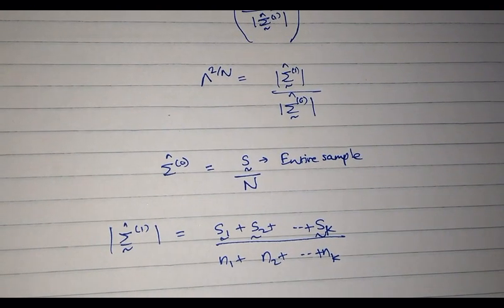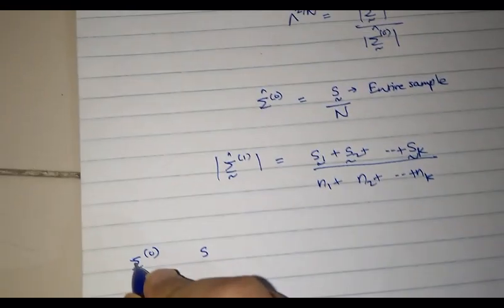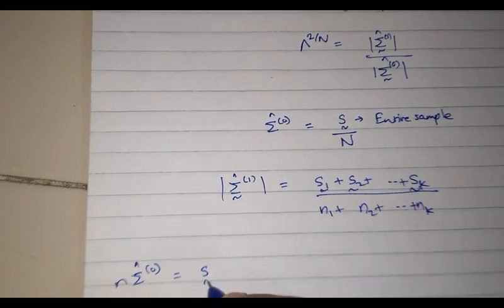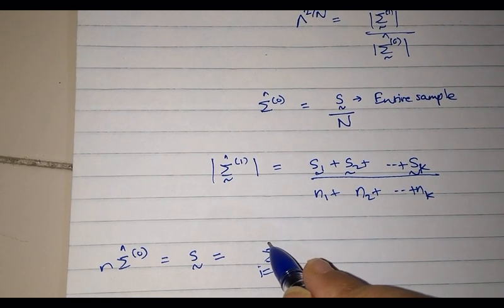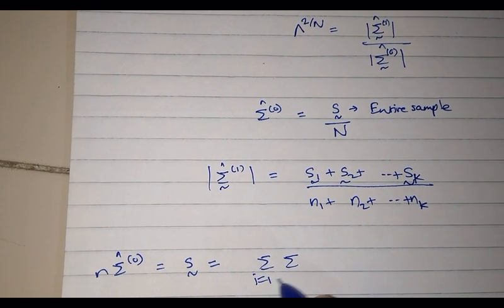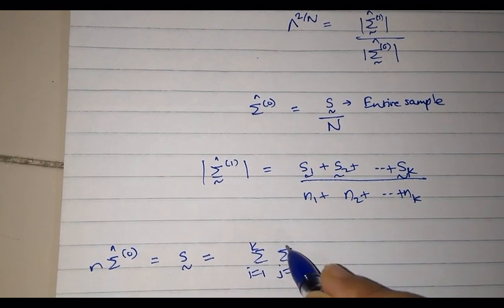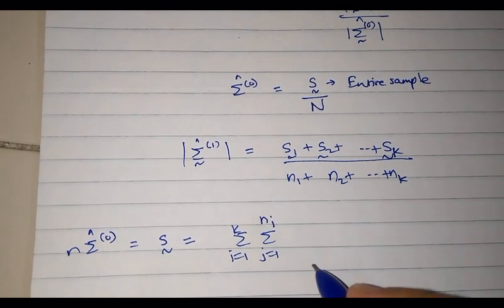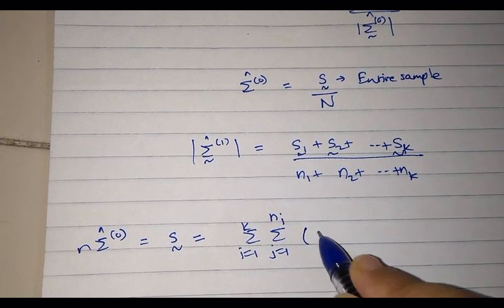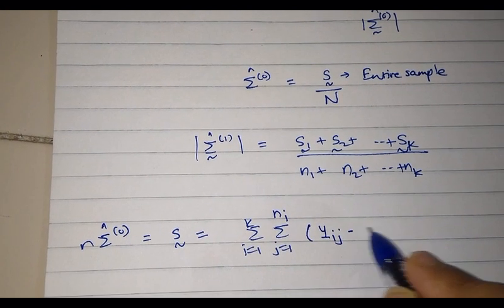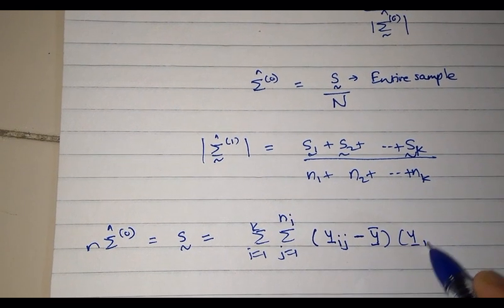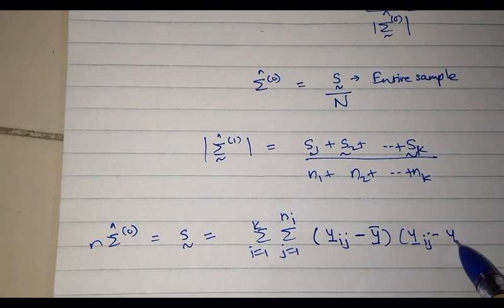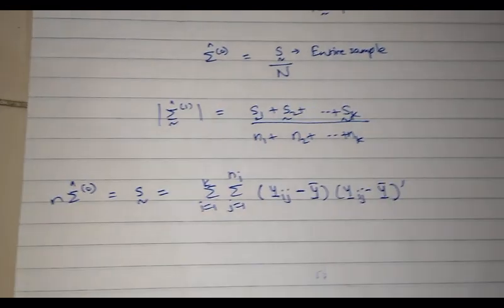So this sigma naught hat times n is actually S. We know S is the summation over i going from 1 to capital K, j going from 1 to Ni, of (Yij minus overall mean Y bar)(Yij minus Y bar)prime.